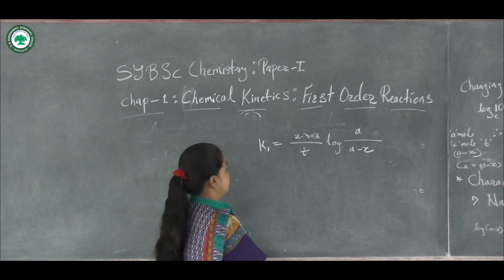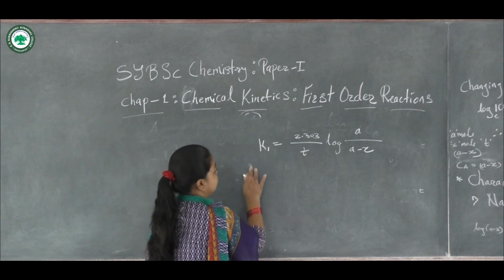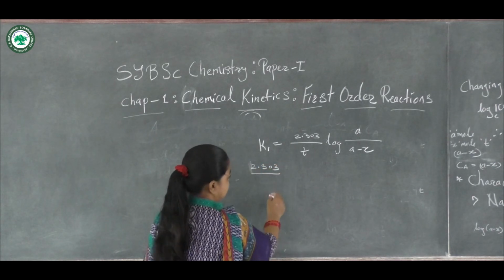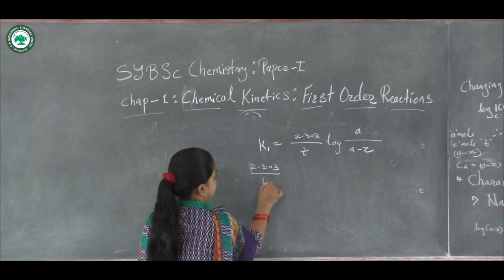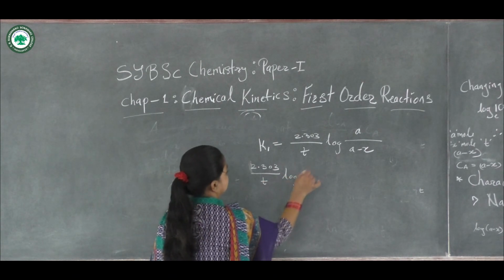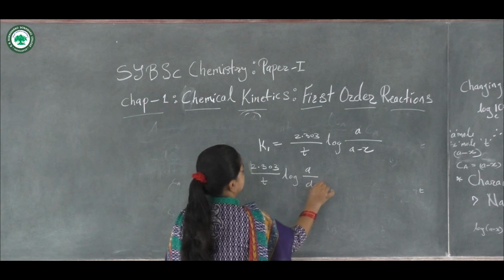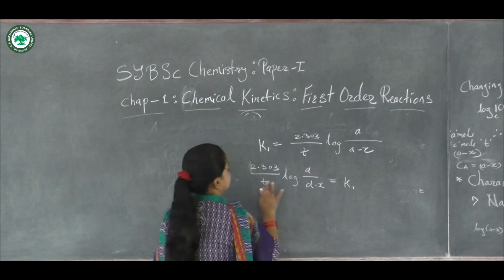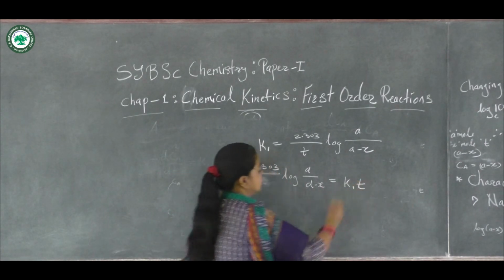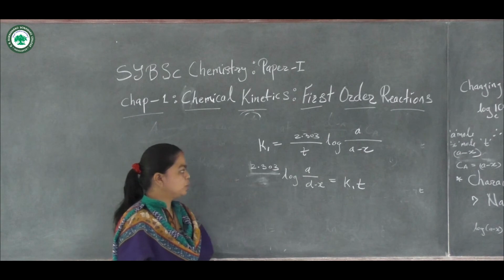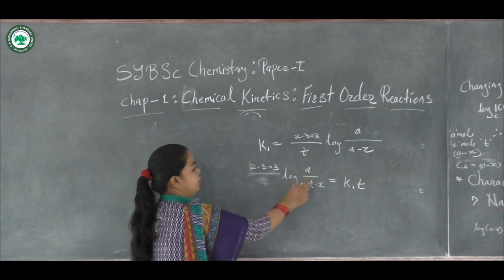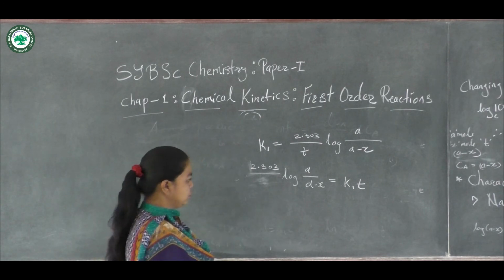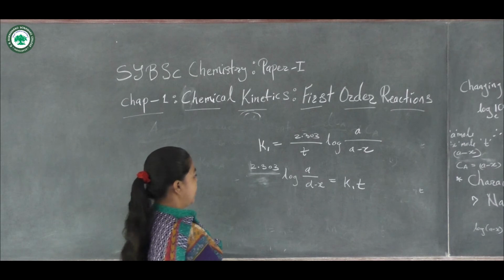If we want to rearrange this equation, we can write it as 2.303 into log of a upon a minus x equals k1t.